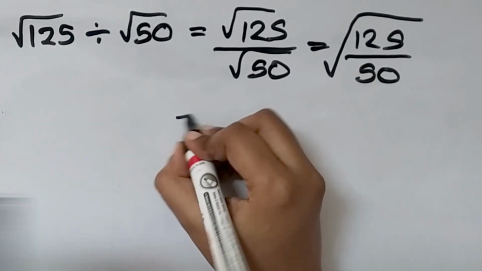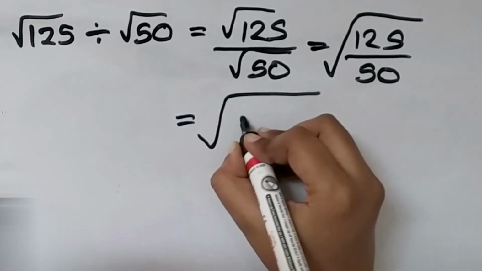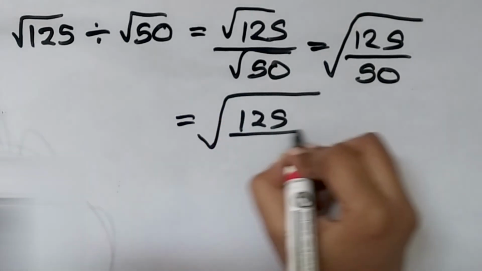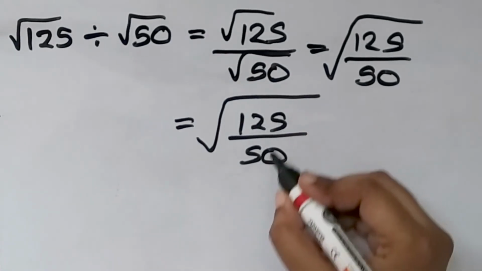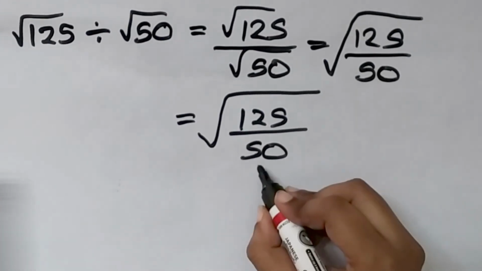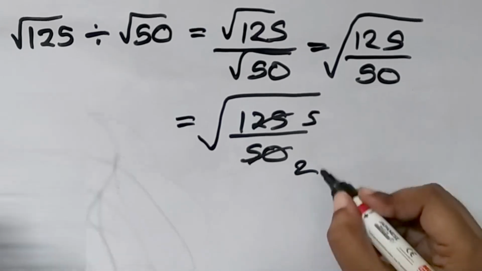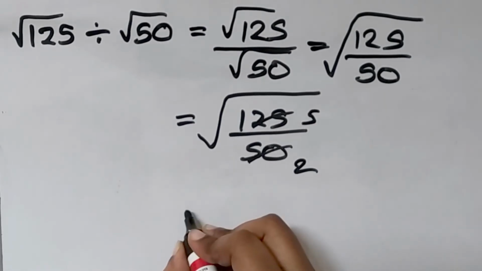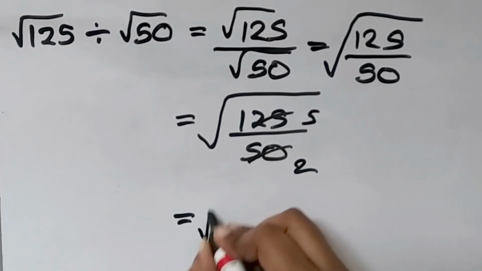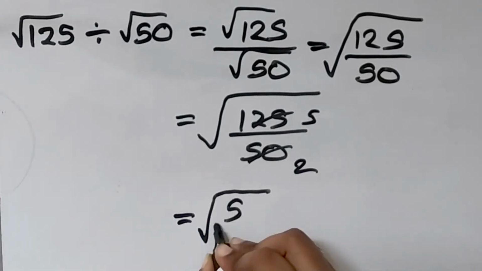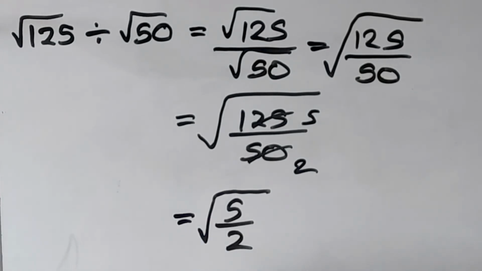So see, square root of 125 upon 50. So we can divide both this by 25. So 25 2s are 50, 25 5s are 125. So what will remain after this? Equal to square root of 5 upon 2. Okay. So this is the final answer.